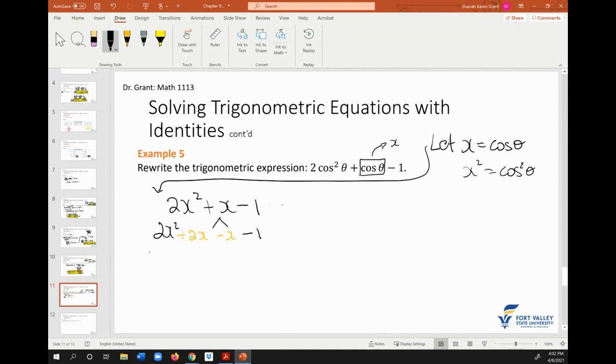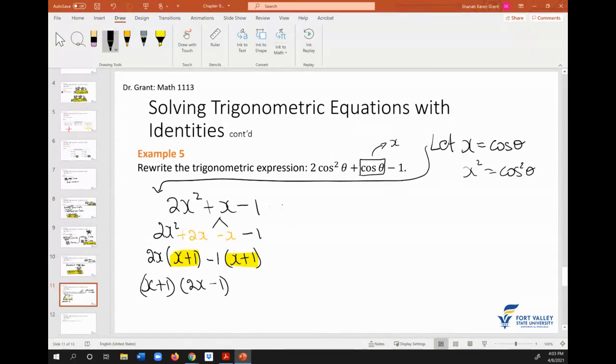Actually, you can keep it like this. So we factor out our greatest common factor. Put a negative 1 here. Since these two things are common, I can factor those out. And then I'm left with 2x minus 1.